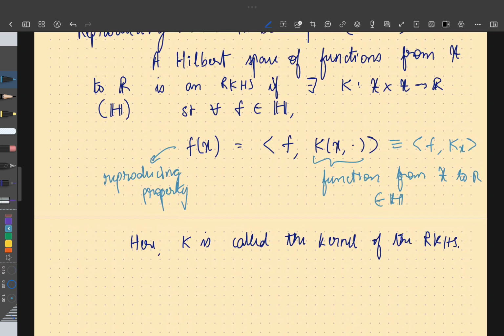But in some high dimensional feature space, within this RKHS, the evaluation of f on x corresponds to taking an inner product, which is a linear transformation on f, and this linear transformation is defined by kx. Right? Because you can view this as a linear transformation of f.